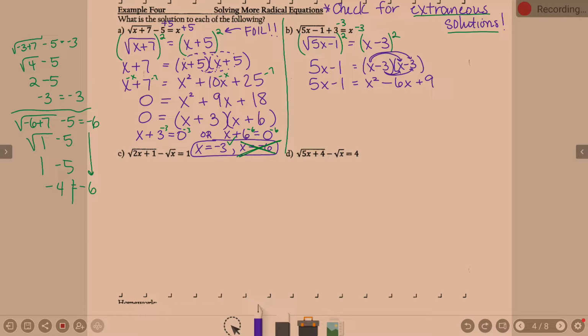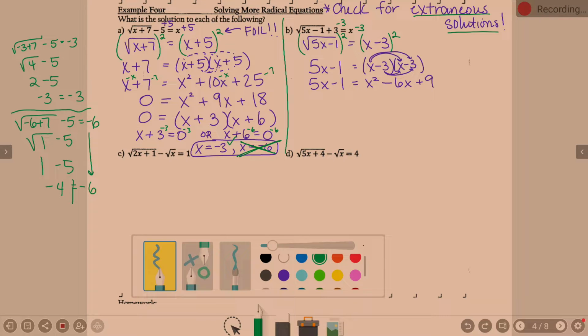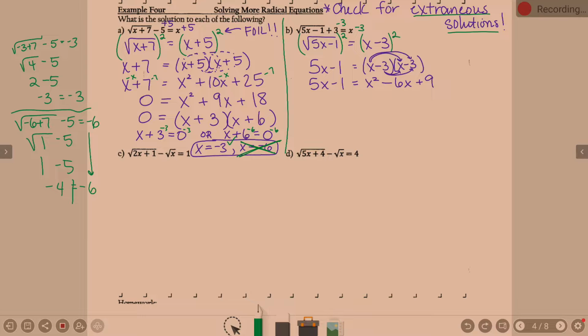Okay, I see x squared, I see x's. What's my solving technique? Make our equation equal to 0. I like having a positive x squared, so I'm going to keep my x squared on the right. To move positive 5x, I'm going to subtract 5x. To move minus 1, I'm going to add 1.